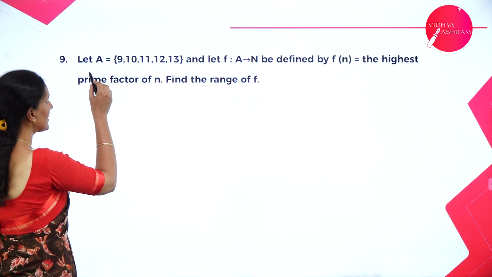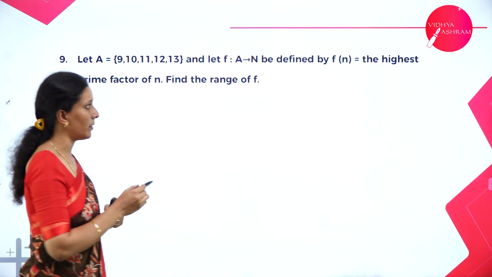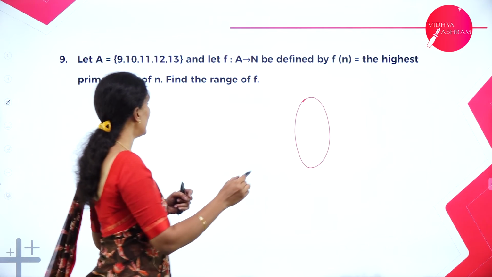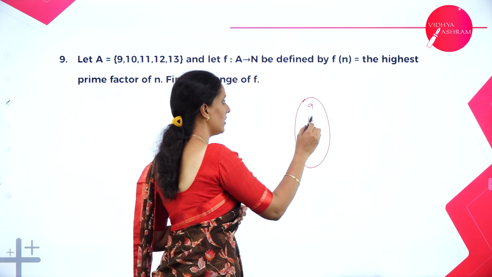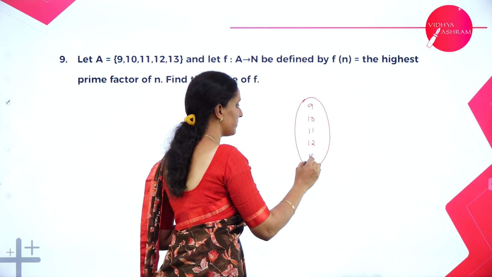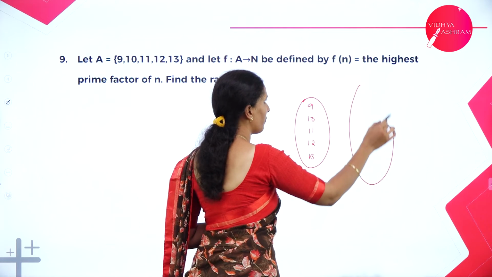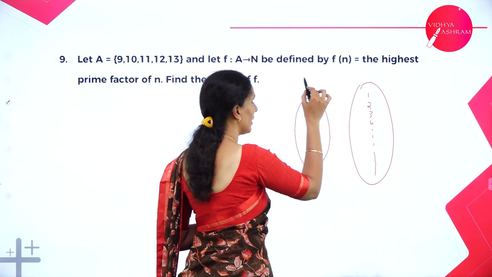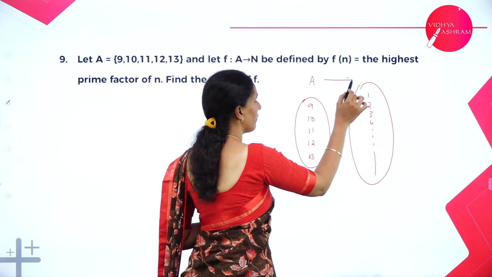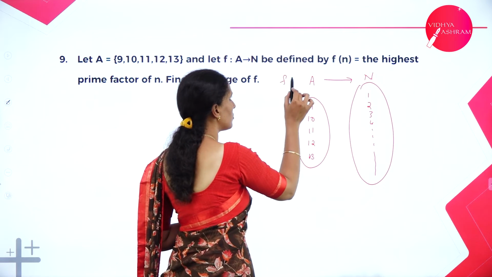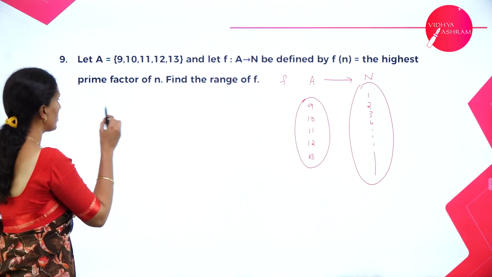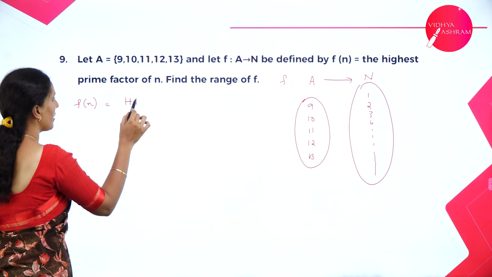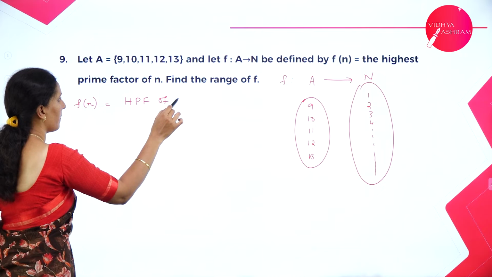So we have set A, which contains 9, 10, 11, 12, 13, and we have the set of natural numbers 1, 2, 3, 4, and so on until infinity. So we are defining a function from set A to the natural numbers. What does our function say here? It is the highest prime factor of n.